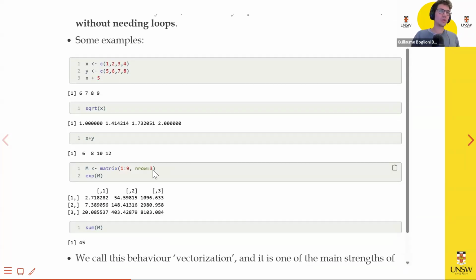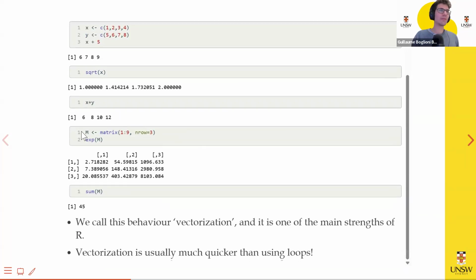Then the other example has to do with a matrix, but similar behavior. If I create a matrix here, so it's a square matrix, 3 by 3 with just the numbers 1 through 9, a function here, exponent of matrix, will just take e to the power of all the numbers in the matrix. So this is e to the power 1, or just e, and then e to the power 2, e to the power 3, e to the power 4, and so on, e to the power 9.